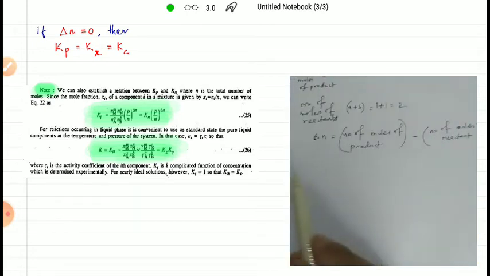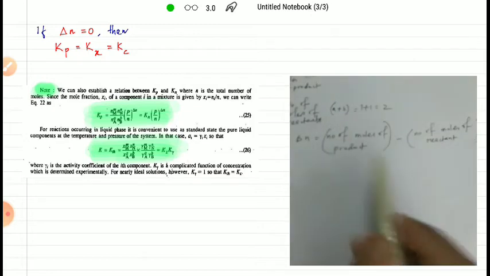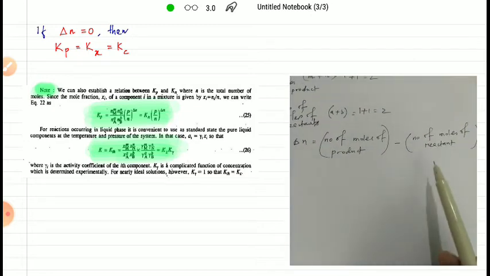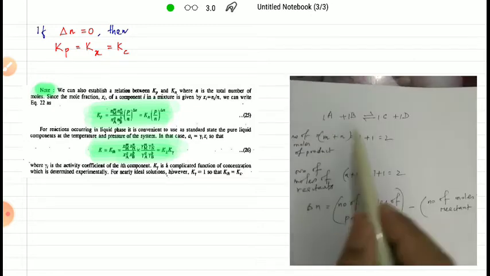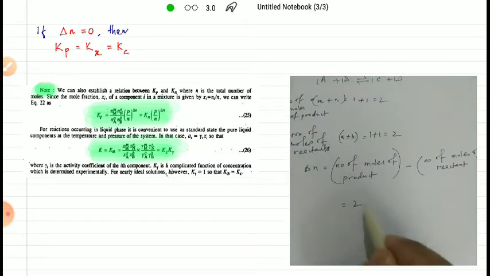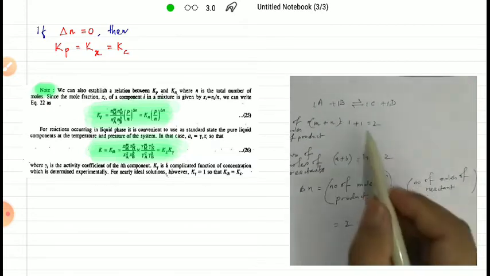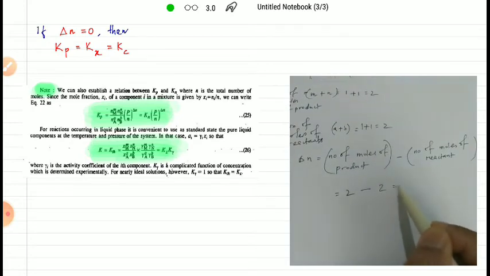This is the relation. So the number of moles of product is 1 plus 1, equal to 2, minus the number of moles of reactant, 1 plus 1 equal to 2, that means 0.